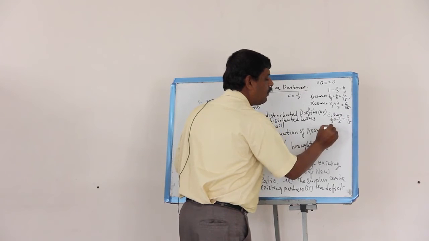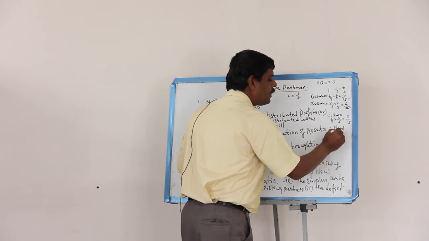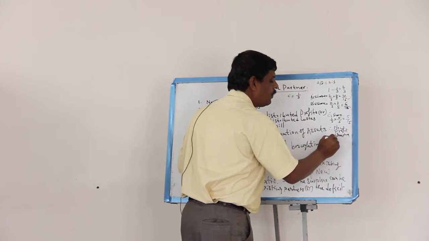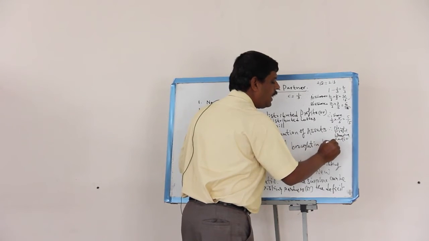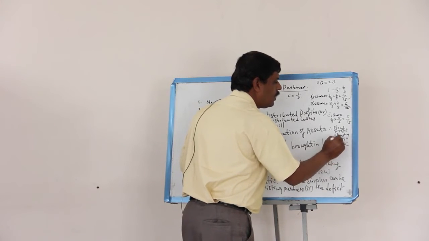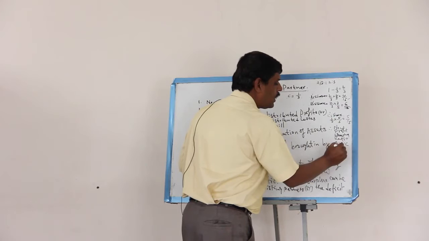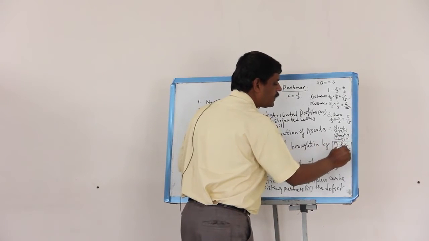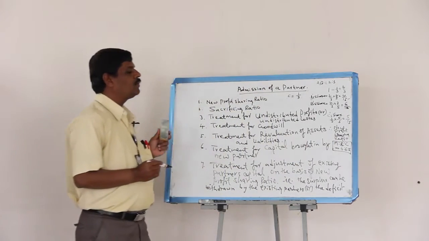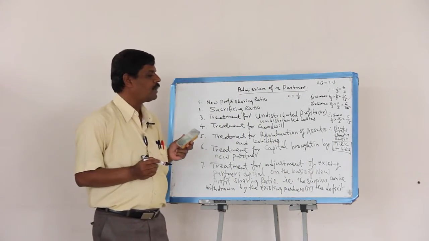Therefore the new profit sharing ratio A is to B is to C is equal to 4 is to 6 is to 5. So this is your first point, the new profit sharing ratio.